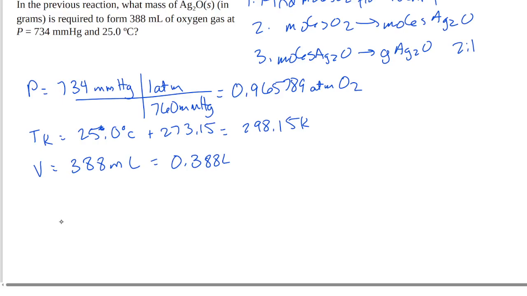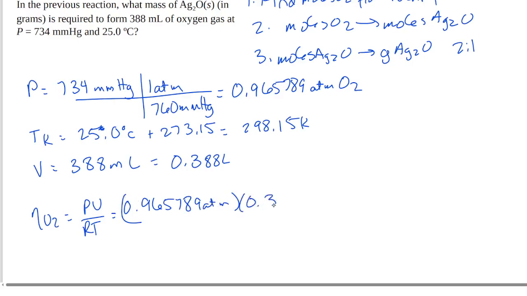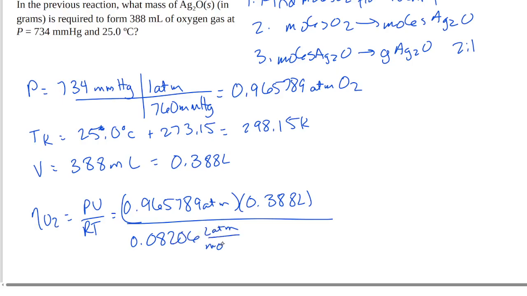Next, we can use the PV equals nRT equation. Moles of O2 is equal to PV over RT, so that's equal to 0.965789 atmospheres times 0.388 liters divided by 0.08206 liters atmospheres per mole Kelvin times 298.15 Kelvin.